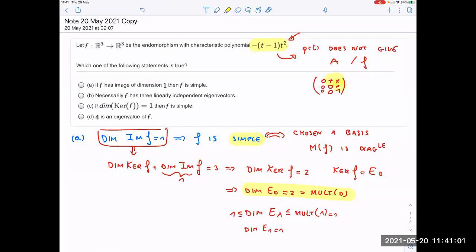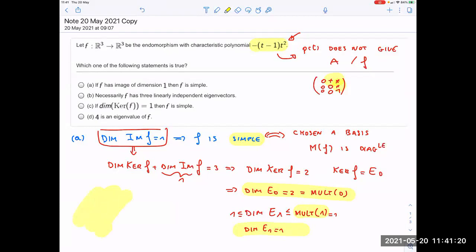And so we are in this situation in which the eigenvalues are such that the dimension of the eigenspace is equal to the multiplicity. And so, yes, F is simple, M is diagonalizable.